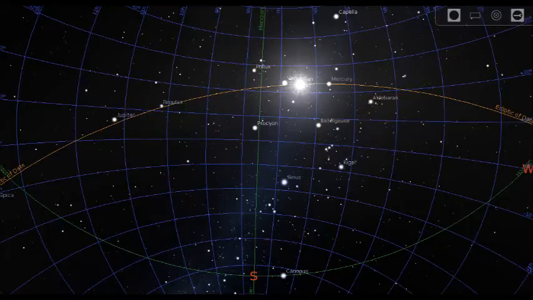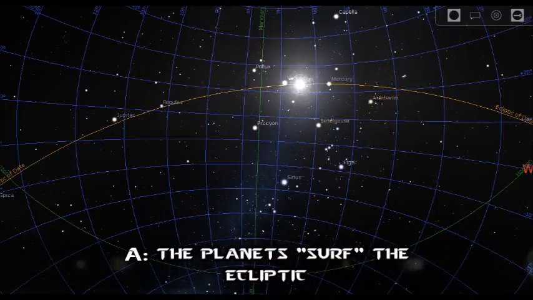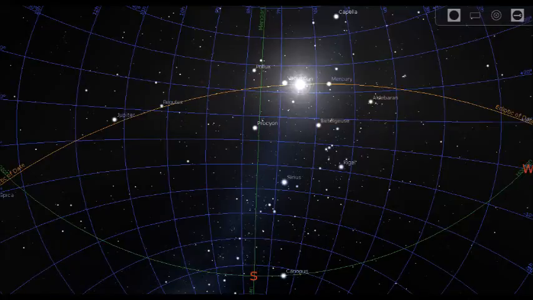Let's consider just a few things before we really get down into the nitty-gritty. And that is this. A, the planets travel through the ecliptic, and they appear to us here on Earth to do that on a 23.5 degree angle, or arc, through the sky.